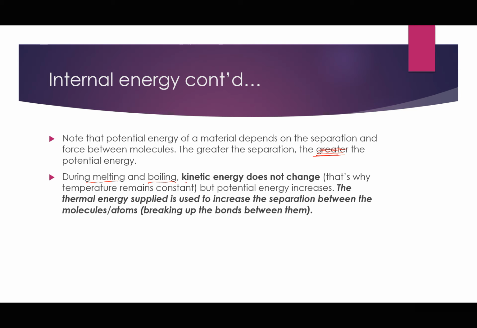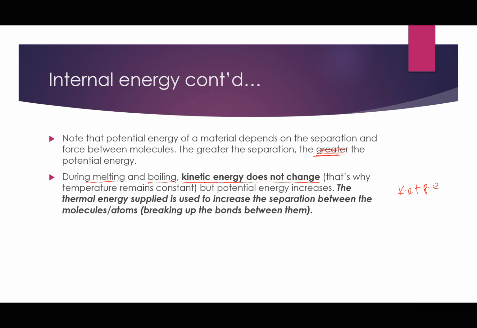Now that we know what internal energy is for a system, which is the sum of the kinetic energy and the potential energy of all the molecules that make up the system, we can now easily explain where the heat supplied goes if it doesn't cause an increase in temperature. The temperature of a system does not change when there is a change of state. We shall see that in thermophysics later on in a unit called temperature.